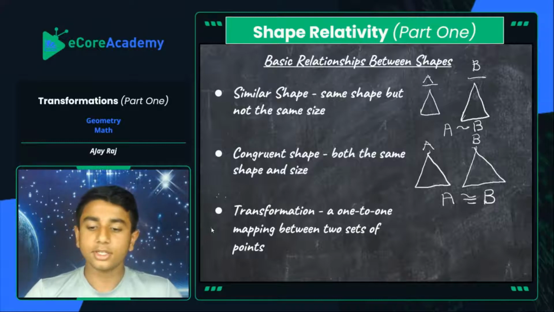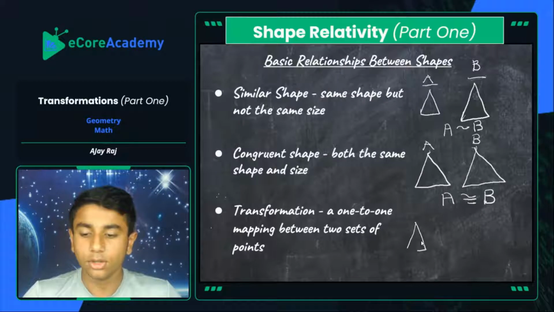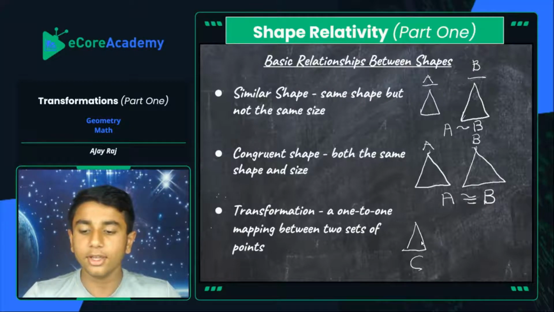So what happens is you're taking a single point of a triangle. I'll name this triangle C. All you're doing is moving a single point.